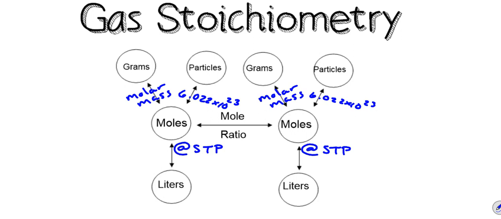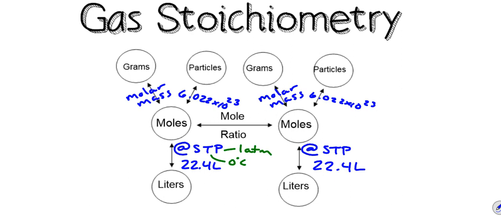We learned before that any gas at STP, meaning at 0 degrees Celsius and 1 ATM, and as we spoke yesterday, 1 ATM can be 101.3 kPa, 760 torr, 760 millimeters mercury, or 14.7 psi, it will always be 22.4 liters.